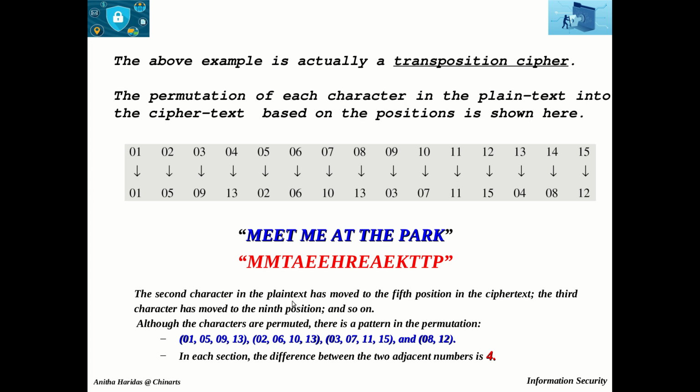So the second character in the plain text is moved to the 5th position in the ciphertext, and the third character is moved to the 9th position, and so on.